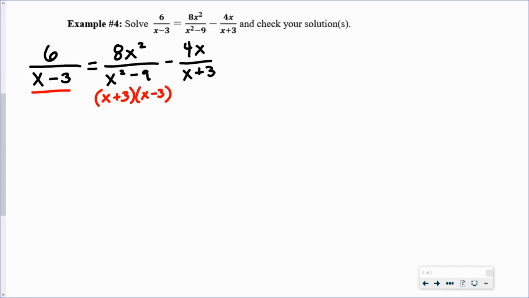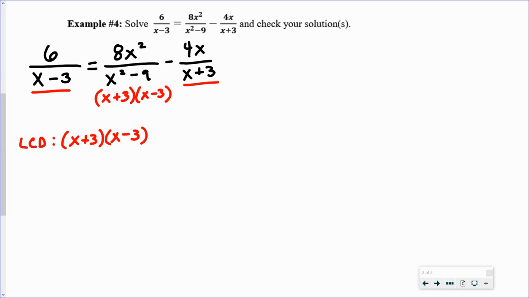And then the last expression that we see, negative 4x over x plus 3, again, x plus 3 is factored as far as it can be factored. So it looks like the least common denominator in this case is going to be x plus 3 times x minus 3.